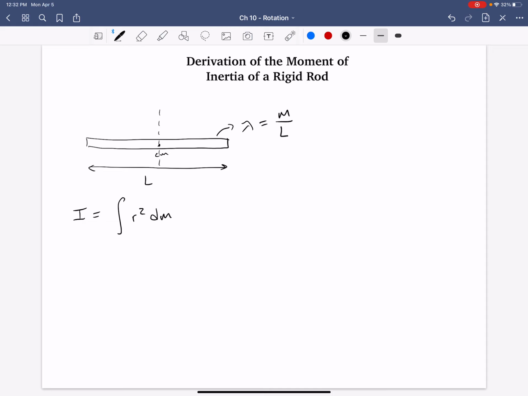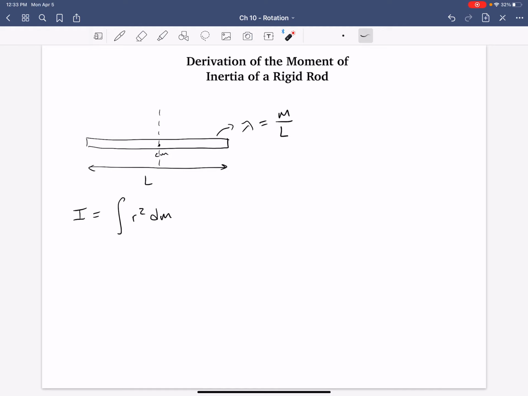So I'll call this dm, right? And this differential mass term really comes from all of the tiny bits of mass everywhere in this object. If they're infinitely small, that means there are an infinite number of them throughout the entire object, and we can integrate all of these dm's to get the total.